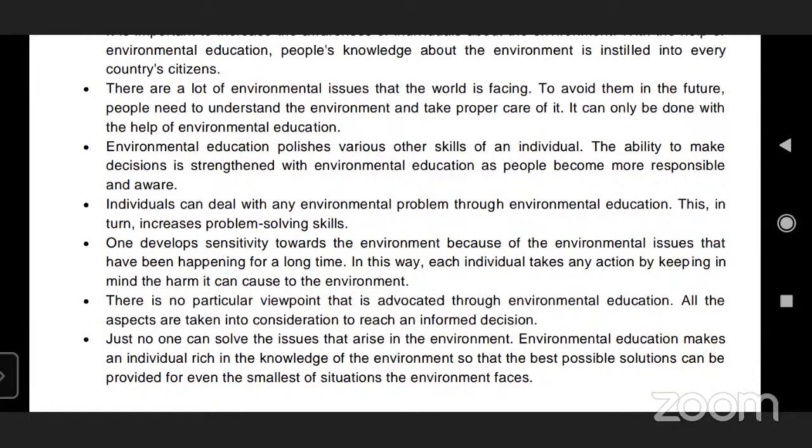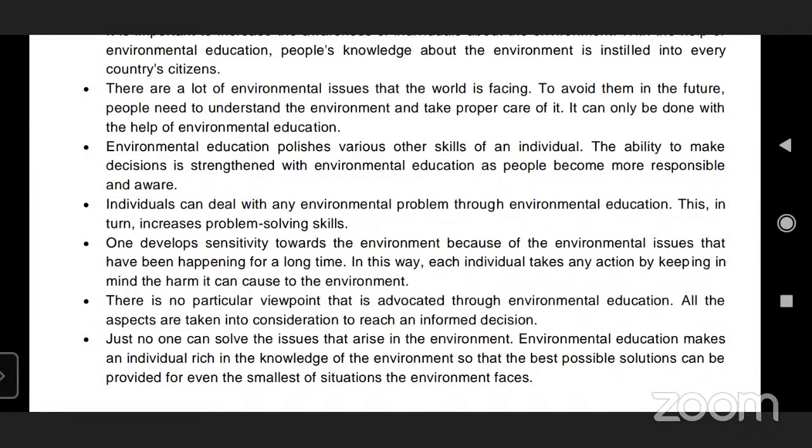Am I going to cause any harm to the environment? Are we going to harm the environment? Such questions, keep them in front of you, keep them in your mind and behave accordingly.